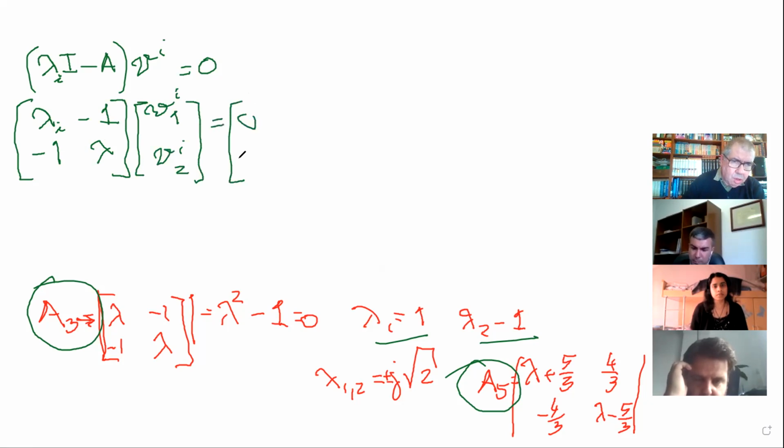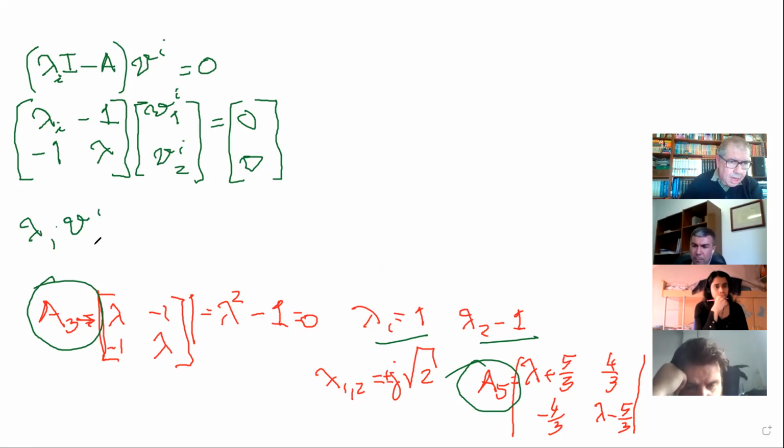equals 0, 0. Now, when I select lambda to be an eigenvalue, both equations are linearly dependent, so they are the same equation, or equivalent equations. So I just use the first one: lambda I times Vi1 minus Vi2 equal to 0.